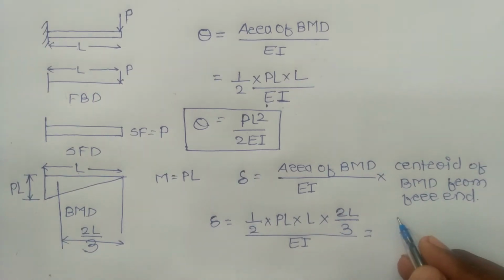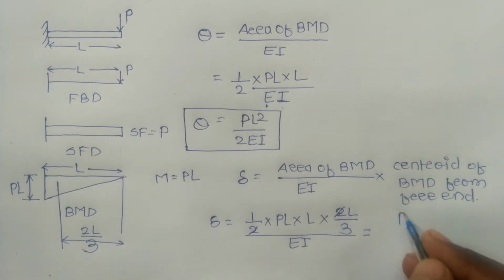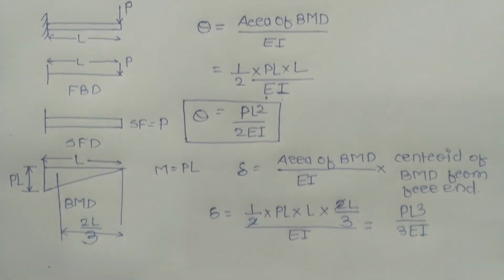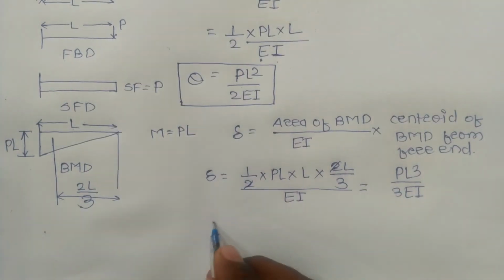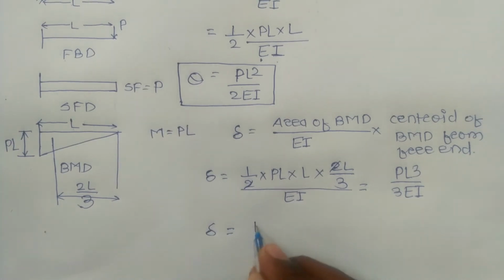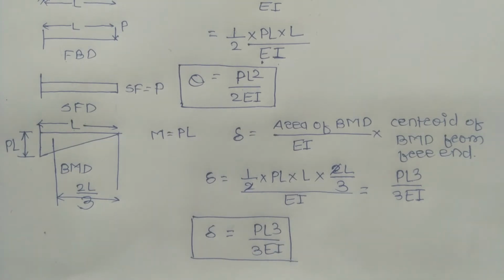In the final derivation, the 2 gets cancelled, so deflection is equal to PL cube upon 3 EI. This is a simple method to calculate the deflection for the point load acting at the free end of the cantilever beam.